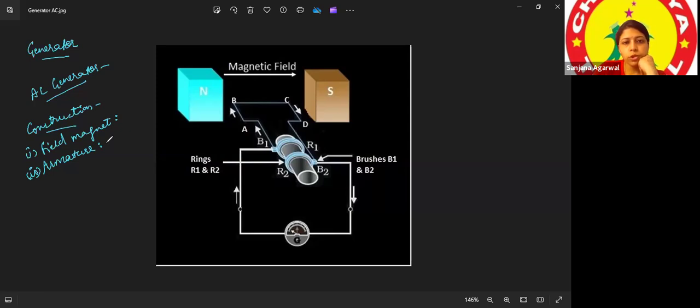The coil is rotated rapidly in the magnetic field between the poles of the magnet.